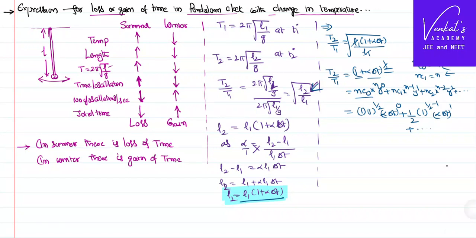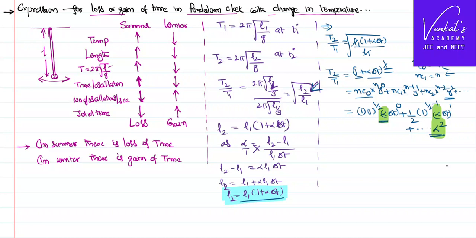Plus, in the next term, when you say y square, y power 2, I will get an alpha square term. Have you seen here alpha power 0 in the initial case? Alpha power 0, alpha power 1, next I will get alpha power 2.